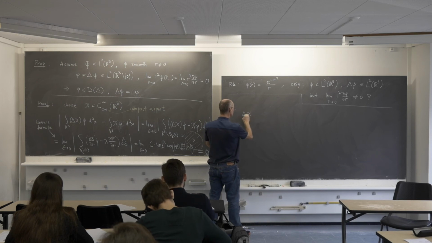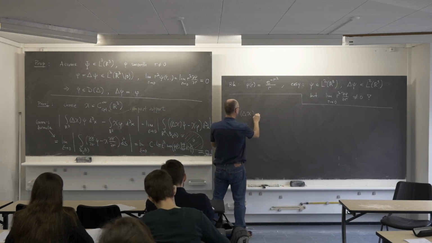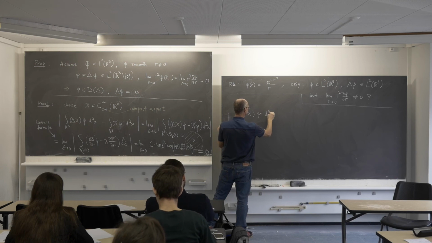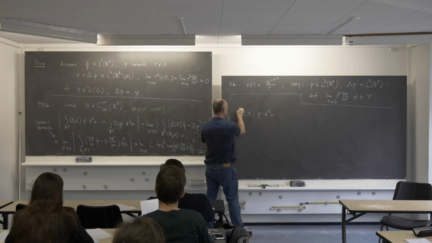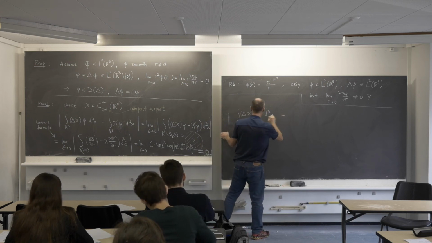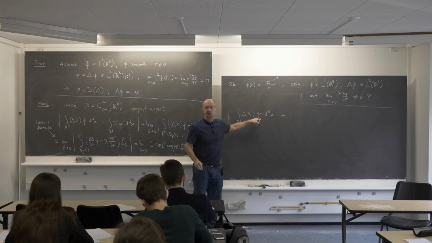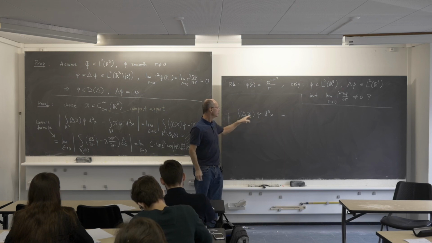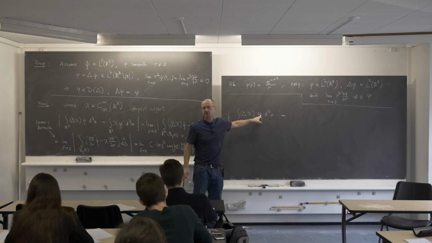So I have the integral over R3 of Laplacian of chi times psi d3x. Now this is an L2 function, this is an L2 function. We can do the Fourier transform and use the Bessel's identity.